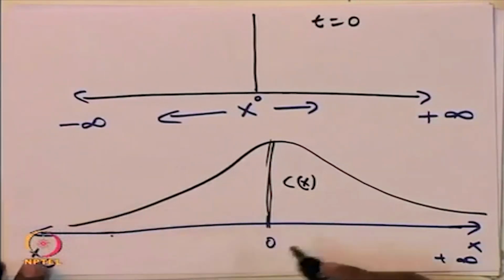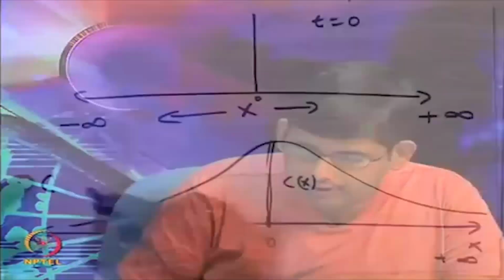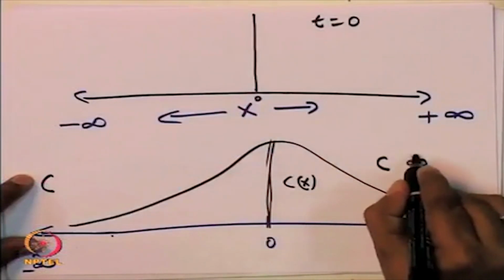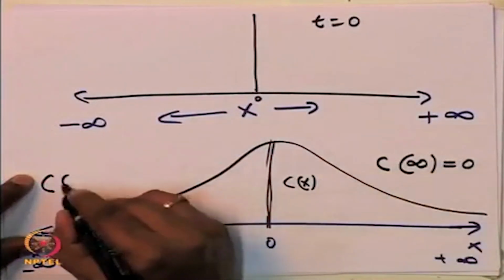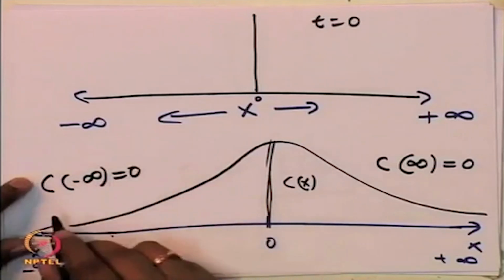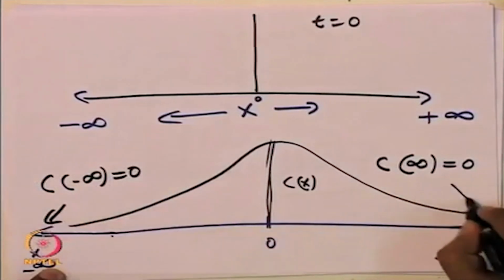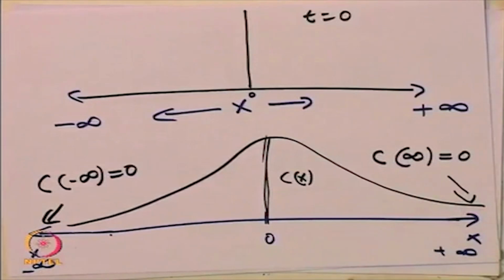In the tube, far away at infinity, you will not find anything after 10 minutes, because the molecules would not have reached infinity yet. So, an important point: C at infinity is 0, and C at minus infinity is also 0. Far away the concentration is 0, and at the middle you have the maximum concentration.